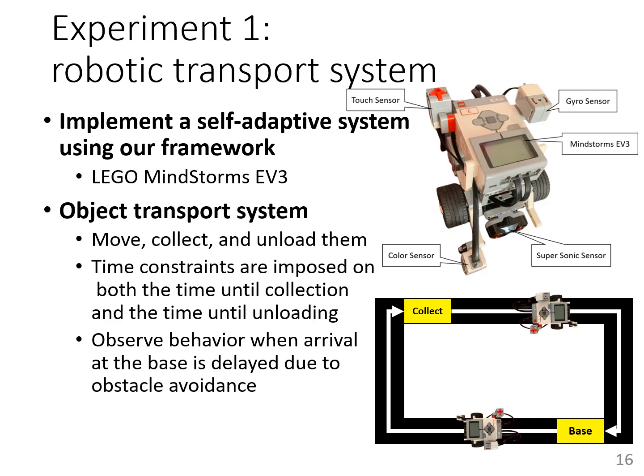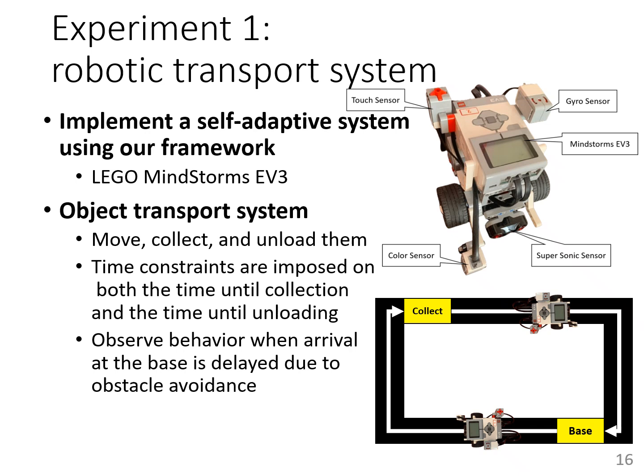To evaluate our framework, we implemented a prototype robot transport system as a self-adaptive system using LEGO Mindstorms EV3. The system's main function is to transport objects, that is, to collect, move, and unload them.